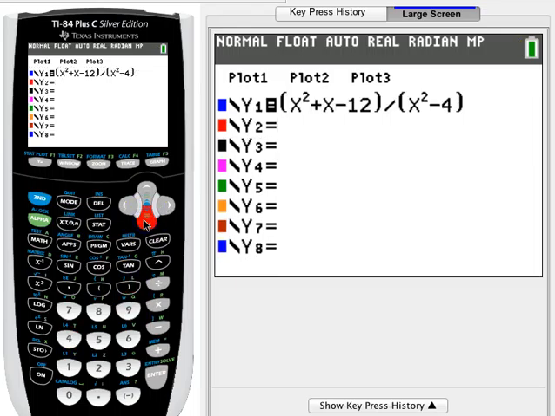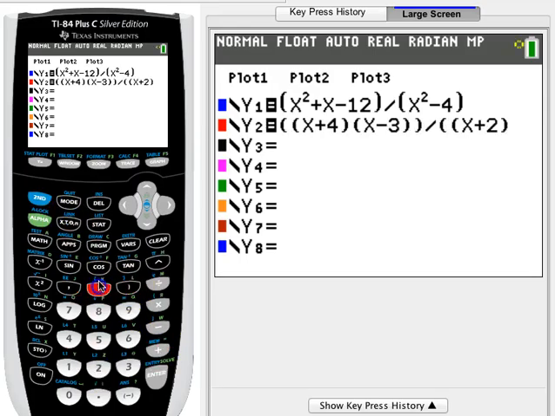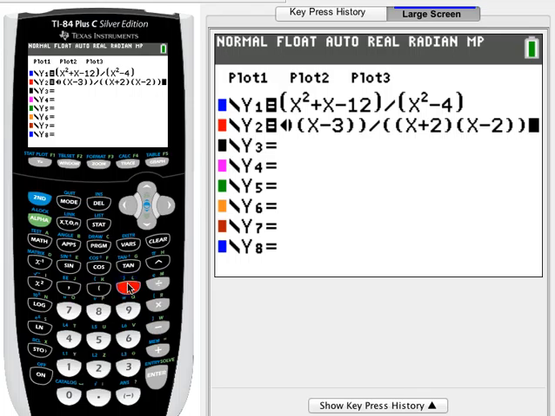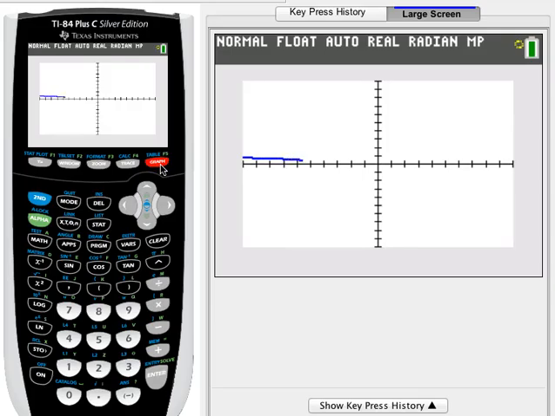Or you could type in the factored form, but if you do, you're going to want extra parentheses around the top for x plus 4, x minus 3, and then extra parentheses around the bottom, x plus 2, x minus 2. And you'll see when we graph them, you get exactly the same thing. It just depends on which one you feel like graphing. Just note if you use the factored form, you do want to use extra parentheses to make sure you get the same thing.